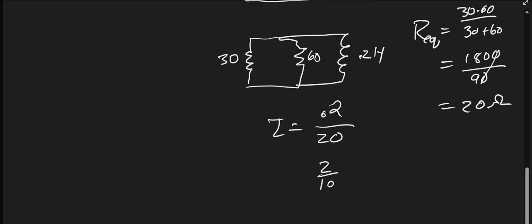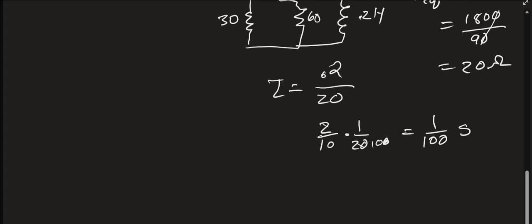That's 2/10 over 20, so 1 over 100, and I'm going to leave it like that. So time constant is 1 over 100 seconds, the units of a time constant are seconds.